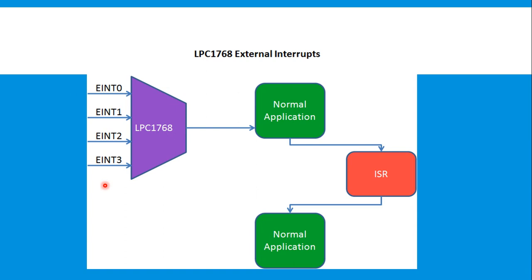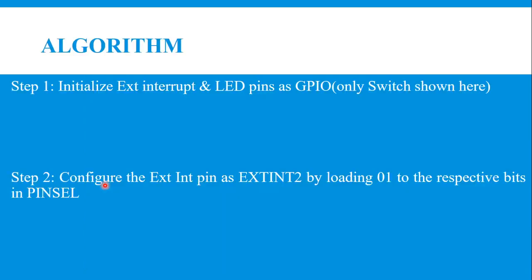Now the common algorithm to get the status of LD10 upon occurrence of external interrupt. The first step is to initialize the external interrupt and LED pins as GPIO. I'll show you the pin number for P2.12 for external interrupt in order to make it GPIO.